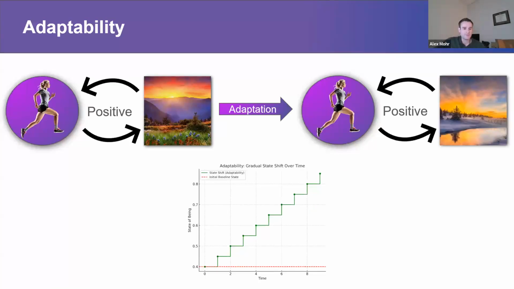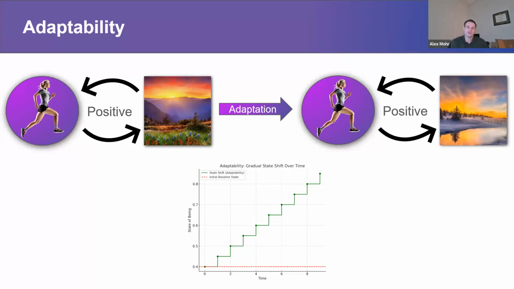Moving to adaptability, this is essentially the ability to change baseline states upon disruption. Again, looking at the example of exercise, we generally view that stress as positive, or eustress, seeing that over time we have an adaptation occurring, shifting someone to generally a more health-associated state, a health state.